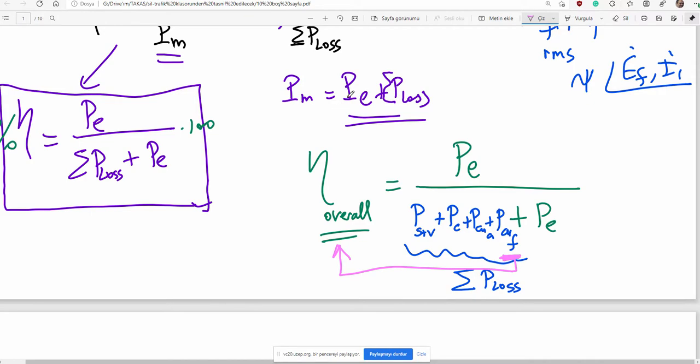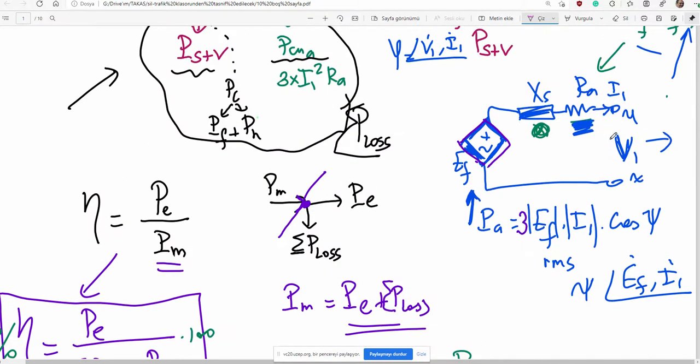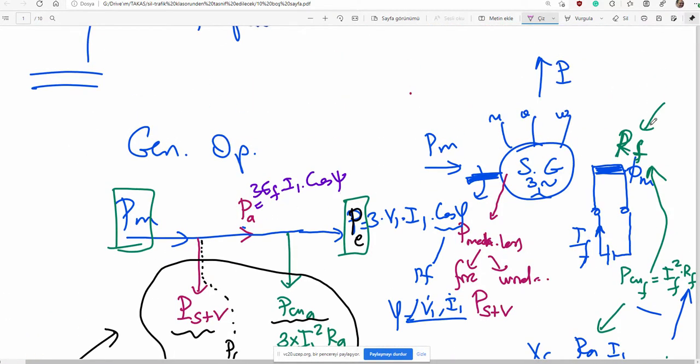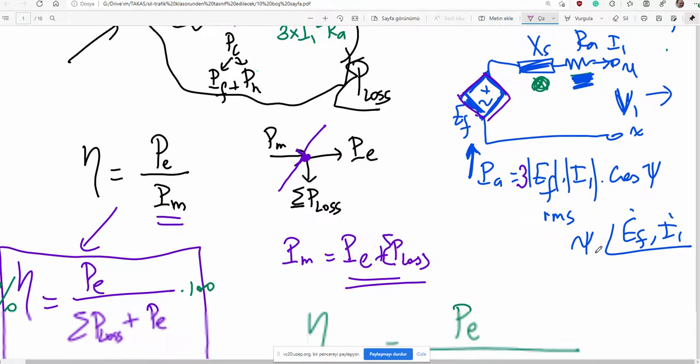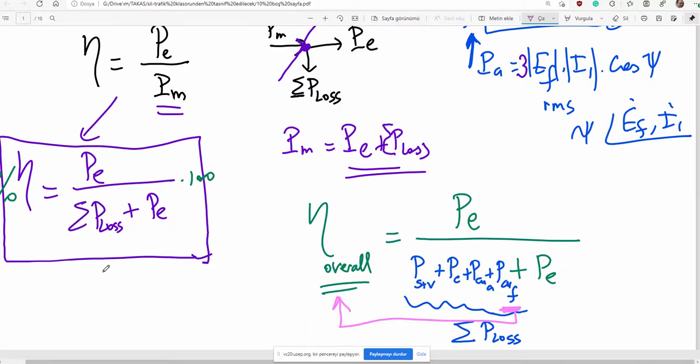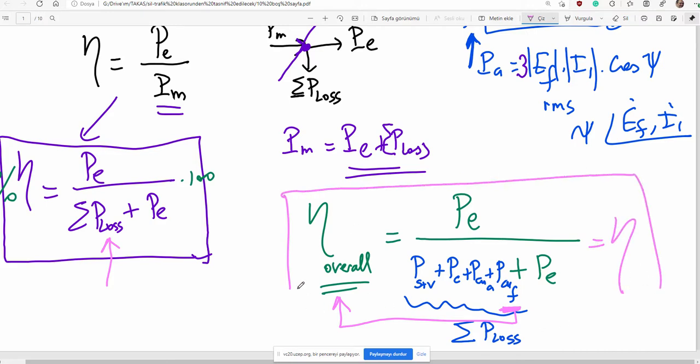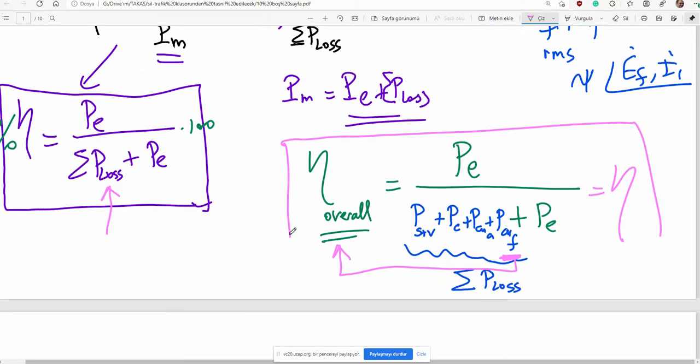But in fact, if it is given here, you should add field current losses, copper losses here, and that is the efficiency. Whether you say overall or not, that is the efficiency, including rotor copper losses.